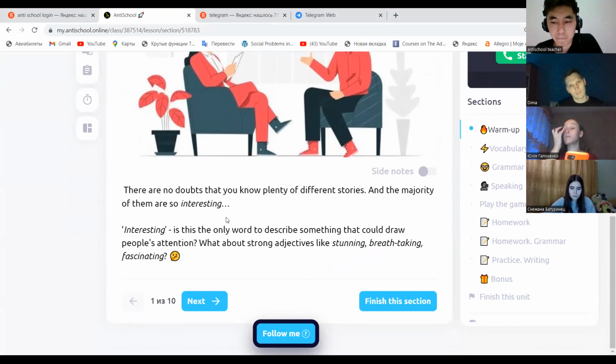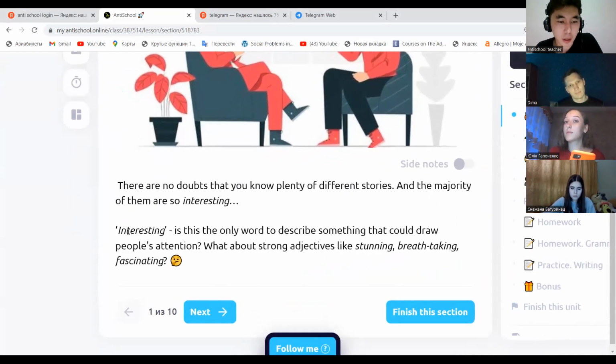For example, "interesting" is the only word to describe something that could draw people's attention. What about strong adjectives like stunning, breathtaking, fascinating? So we will learn about strong adjectives.